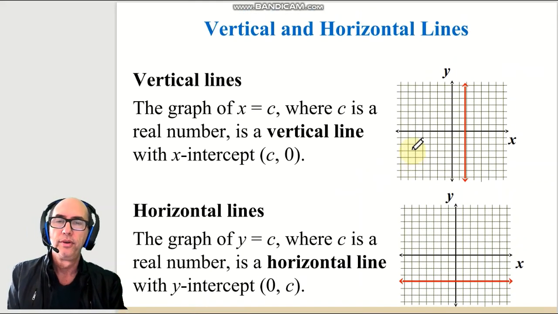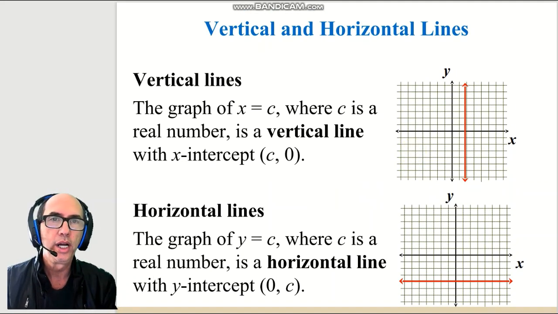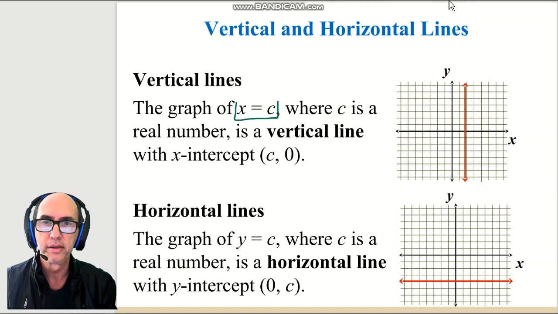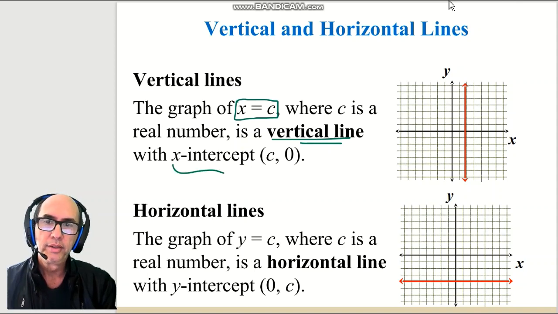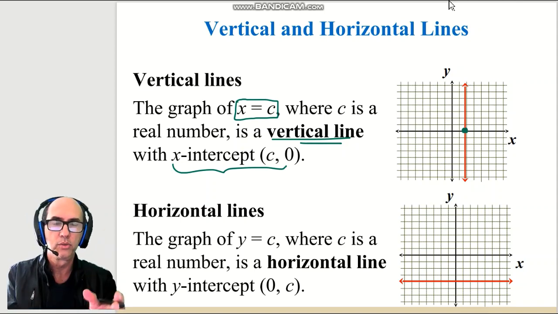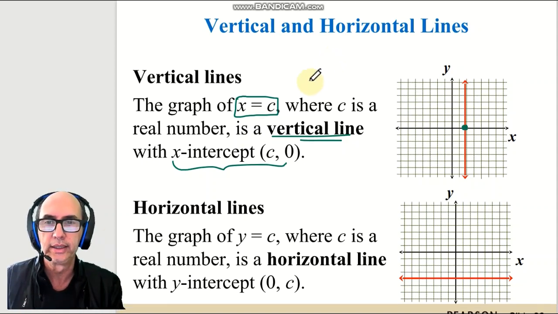The graph of any equation that looks like this, x equals a number, will always be a vertical line. We will have the x-intercept, but look, we don't have any y-intercept. The graph is parallel to the y-axis.